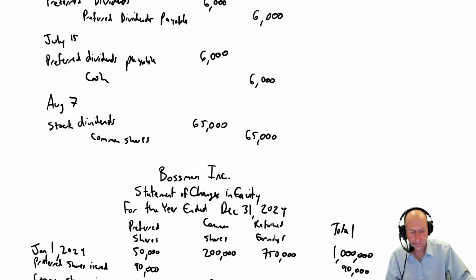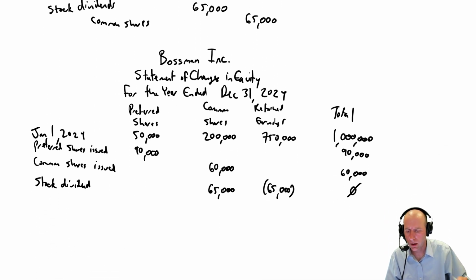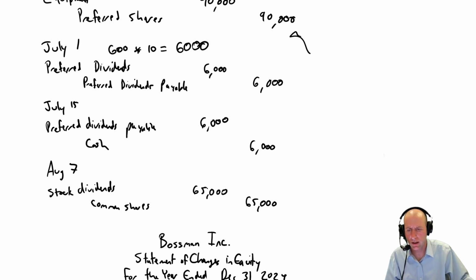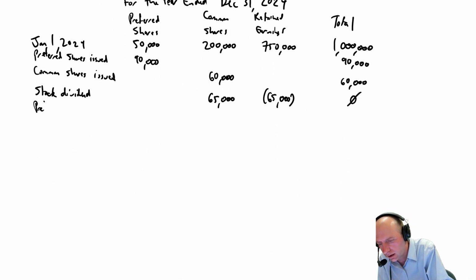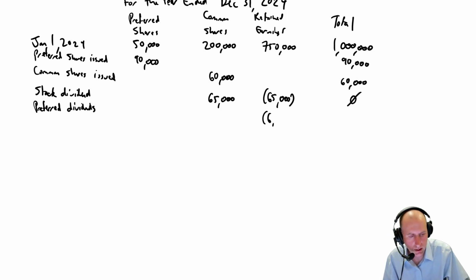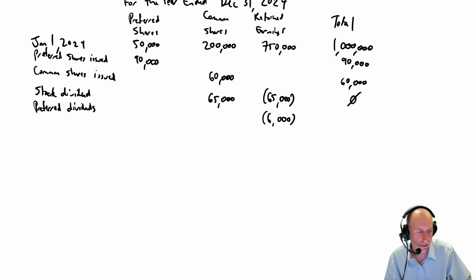Okay. What else do I need to do? Did I have any other dividends? And yes, I had the preferred dividend of $6,000. So let's put that in here. Preferred dividends, 6,000. That hurts my retained earnings. Did anything else hit retained earnings?